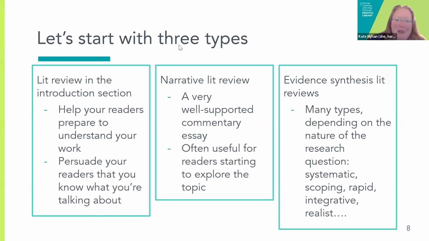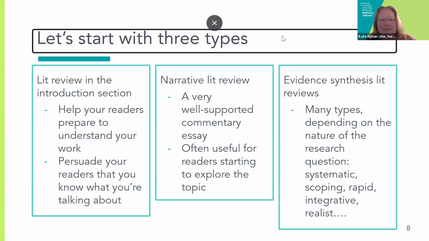But I want to convince you that the first two columns in this slide are useful. You don't need to go straight to evidence synthesis papers. Start by doing good introduction literature reviews and good narrative literature reviews. That's useful.